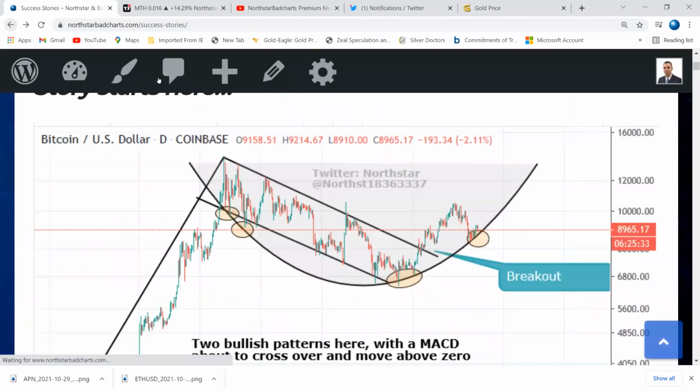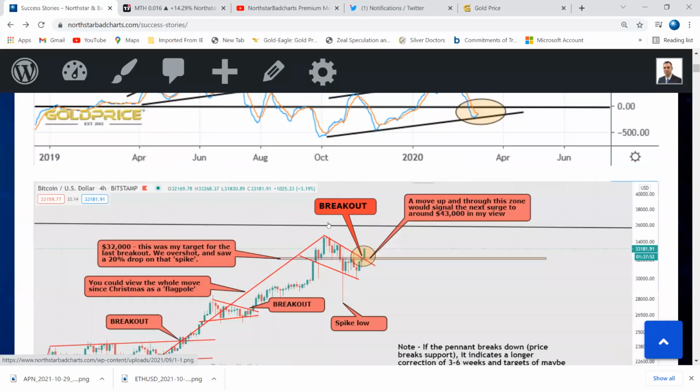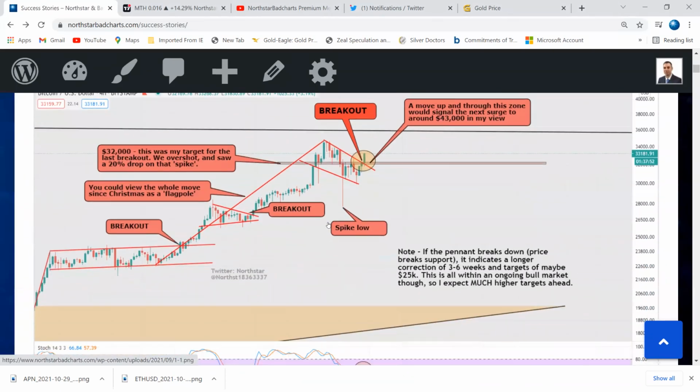If I just go back and scroll down, you can see later on in the bull market, we had progressed out of the arc. We formed another bullish pattern, broken out, bullish pullback, broken out, and yet another bull flag. So we're at around $33,000, and I just posted another breakout, suggesting that we were going to move up to at least $43,000 pretty imminently.